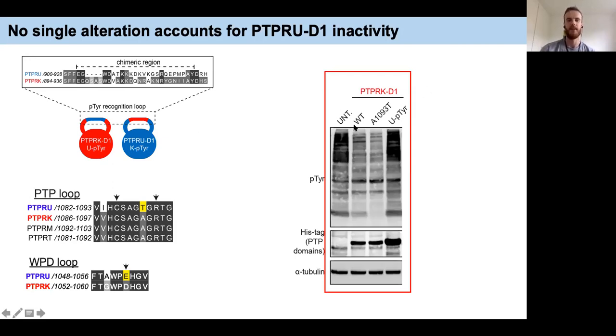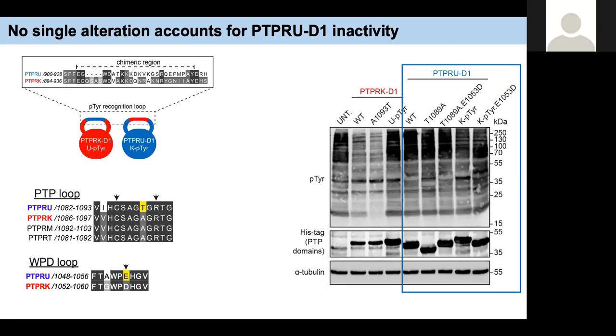Again, the wild-type PTPRK causes large-scale dephosphorylation of phosphotyrosine. And quite importantly, this unique threonine in the PTPRU active site, if you put this into PTPRK, it's not sufficient to inactivate it. But what we do see is if you put this very divergent loop, which is disordered in our PTPRU structure, into PTPRK, this is sufficient to kill the tyrosine phosphatase activity of the enzyme.